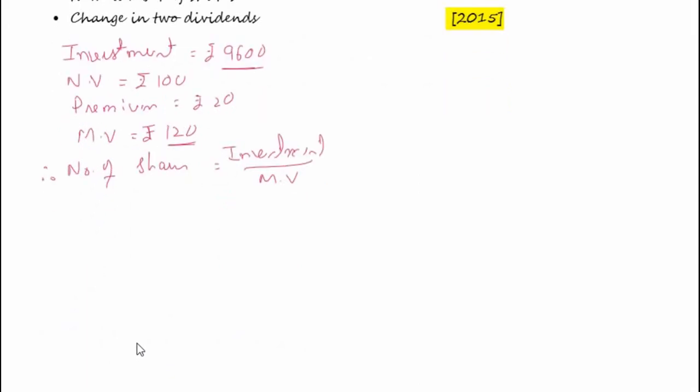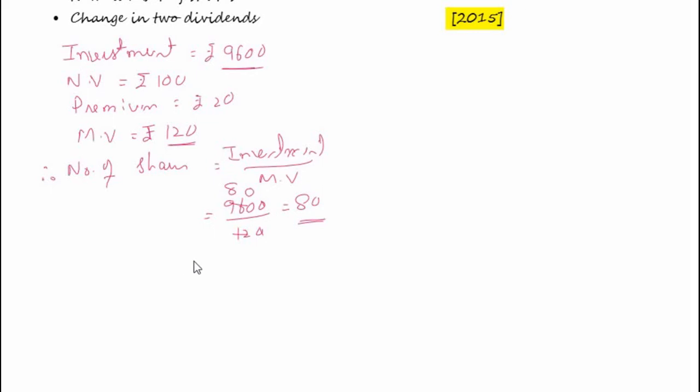So investment is 9,600 divided by market value 120. So the number of shares he got here is 80. So now let us find out the dividend he received.